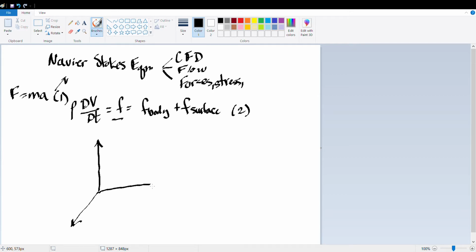So I'm going to go ahead and do an axis here, and this is the y, this is the x, and this is the z. So the tensor cube involves a cube here in the Cartesian space. Let's see how well I can draw this, like that. Not too bad.